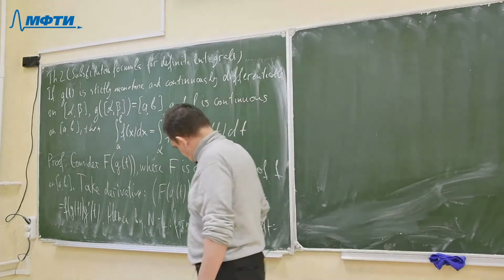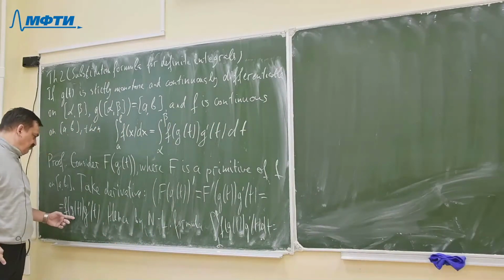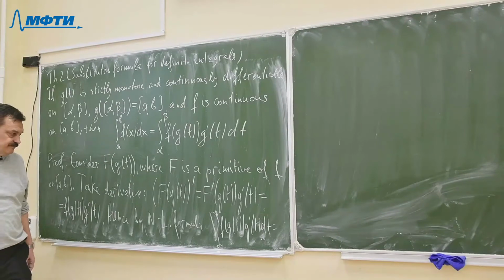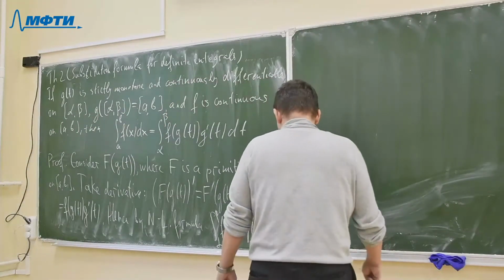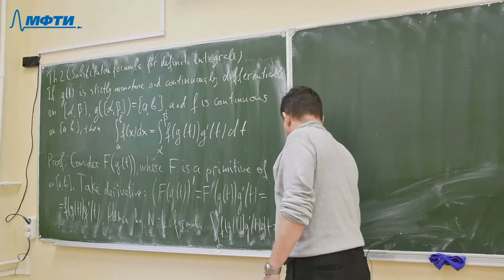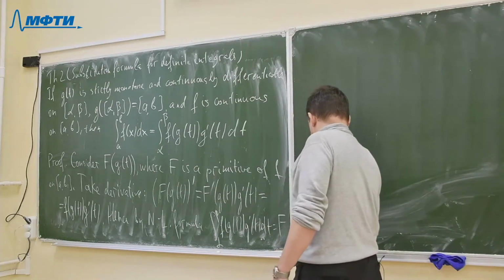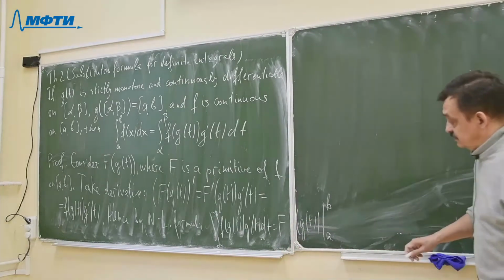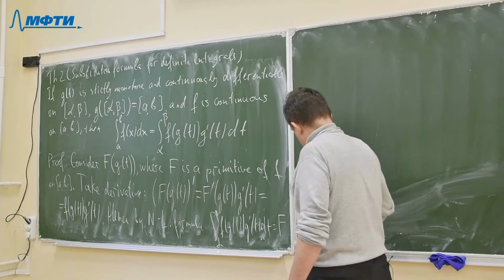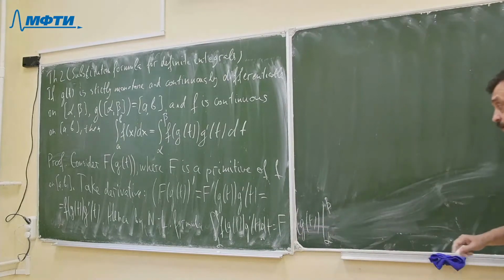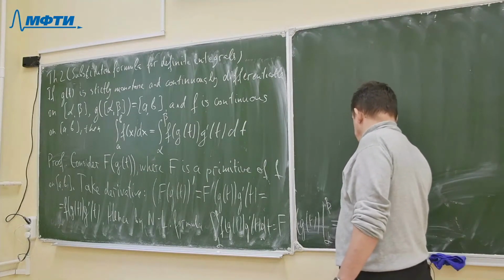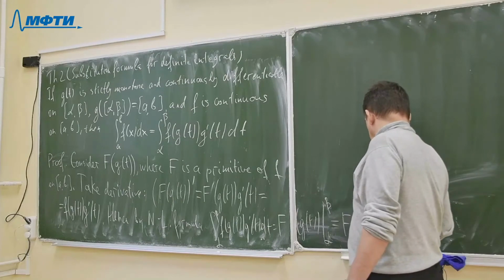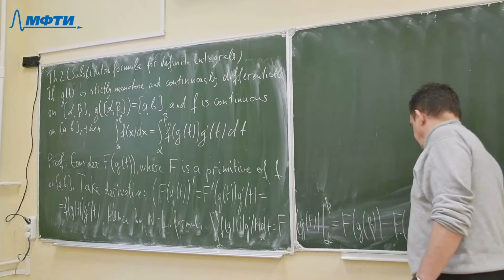You see, little f of g of t times g prime of t has a primitive capital F of g of t. So, according to the Newton-Leibniz formula, we have this equality. Then substitute: capital F of g of beta minus capital F of g of alpha.